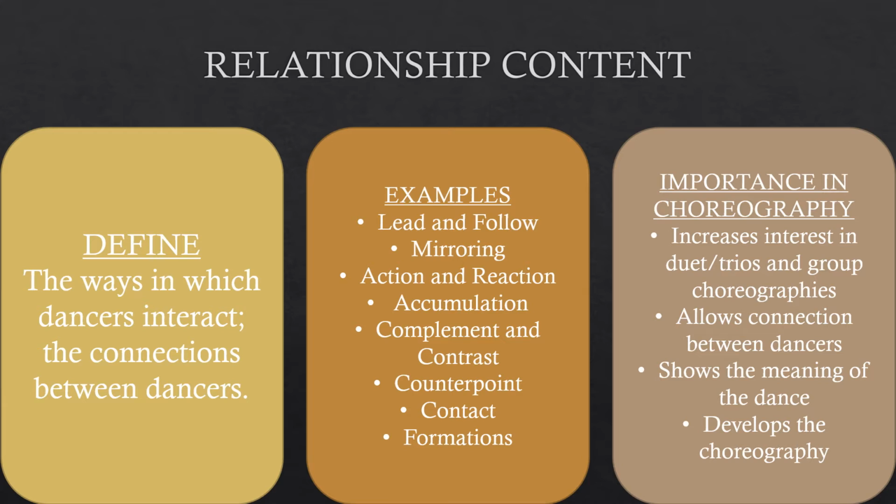You will also need to be able to define each of those examples. So you might want to just pause the video and go to your AQA glossary where all of these definitions can be found as well. If not, I have put them on the Frog site if you want to go over them as well. So you could be asked to define any of those relationship examples in that list there.